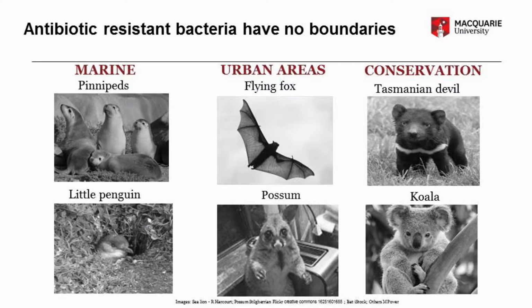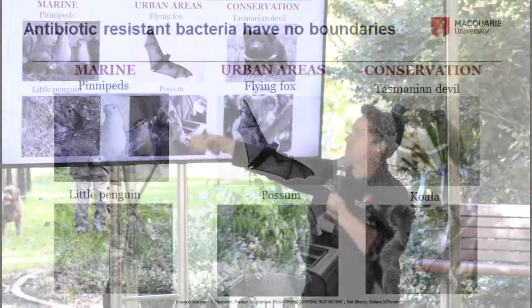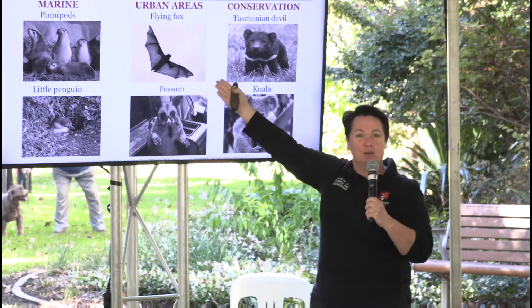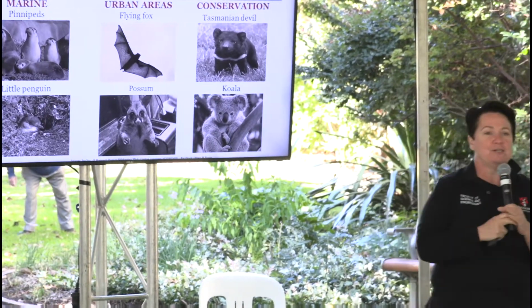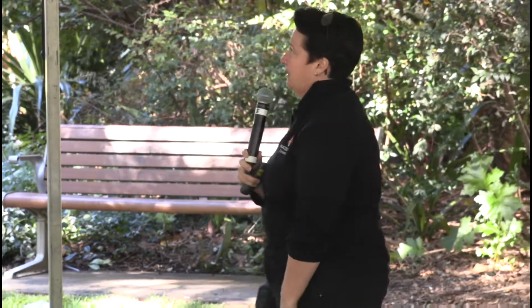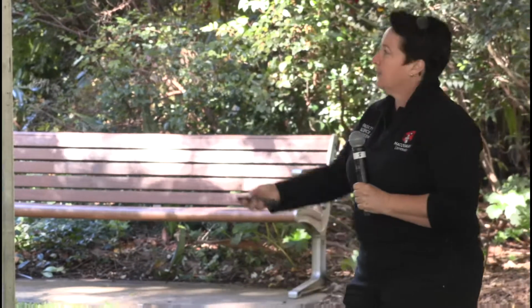We're looking at movement of these resistant bacteria into marine systems, looking at species in urban environments, so flying foxes and possums, and then also thinking about what happens in conservation. So when we're managing threatened species in captivity, breeding them and then releasing them to the wild, and understanding the risks of resistant bacteria there.